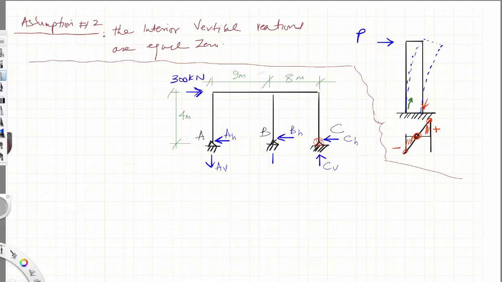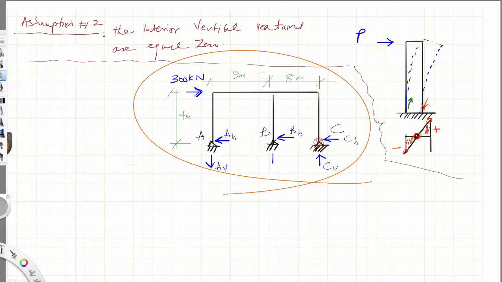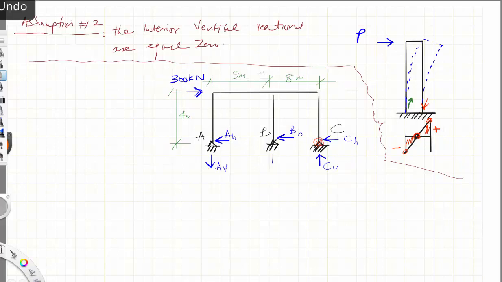So with this, we'll be able to calculate the values. First step: we have the following example to solve using two assumptions.